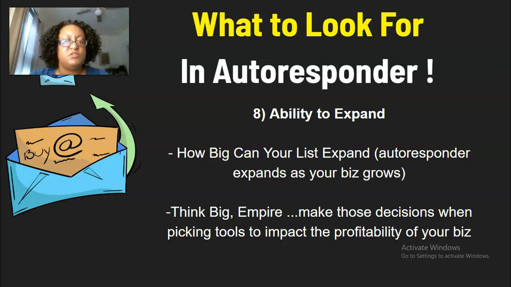Does your autoresponder service allow your list to expand as your business grows without charging you an expensive premium? So think big about where you're going to go. Make decisions when you're picking tools about where your business is going to go. You definitely want to ask, am I going to be charged a premium to grow my list, or can I just grow my list?